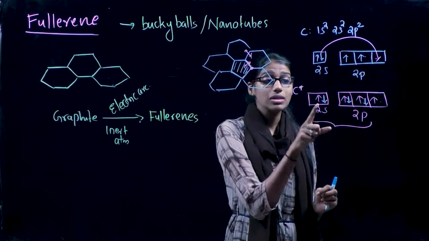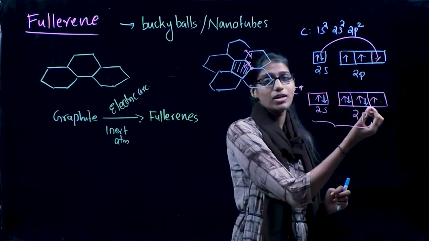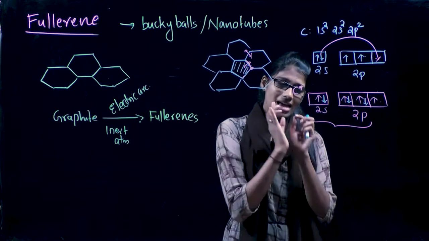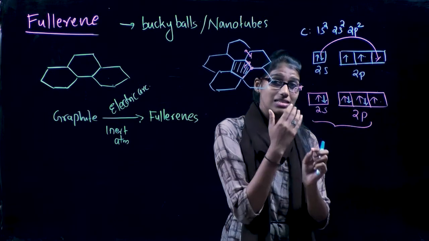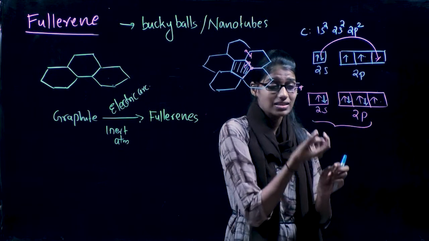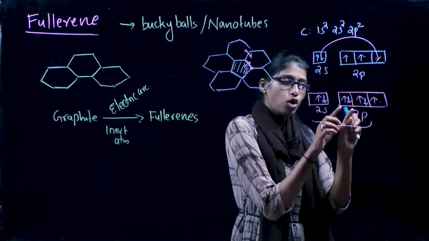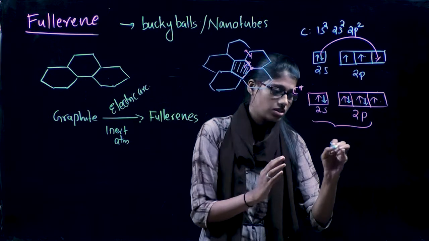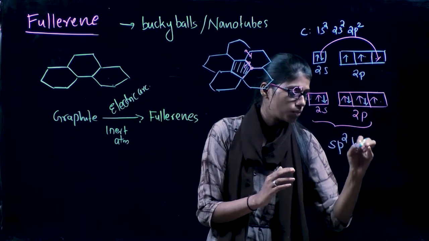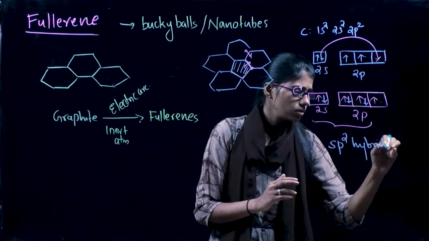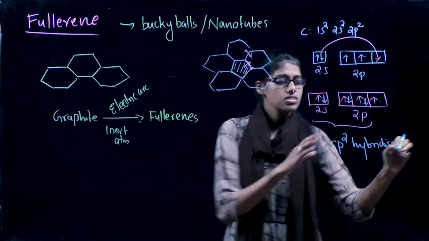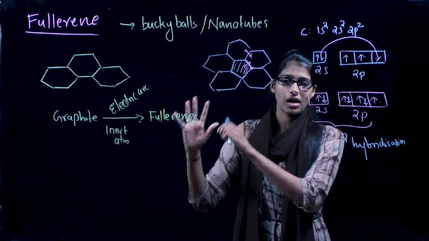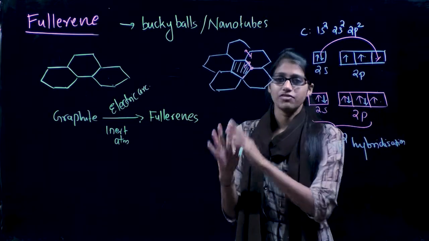Now you have 3 C-C bond formation and 1 electron is extra. Therefore, as the carbon in the excited state is utilizing the electrons present in the 2s and the 2p, only 2 orbitals from the p are utilized. That indicates the hybridization is sp2. So this is the hybridization observed in the case of allotropes of carbon: diamond, graphite and fullerenes.